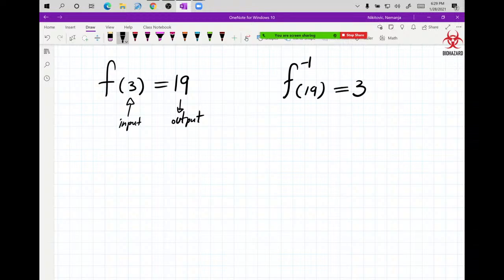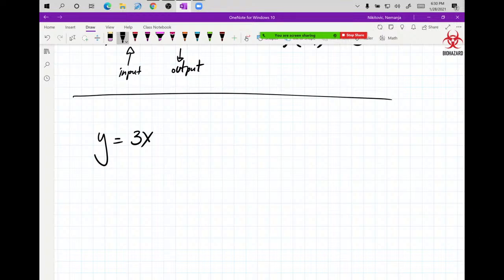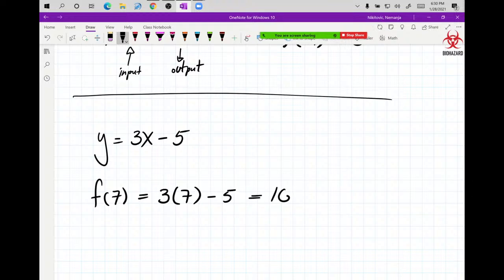So let's think about this. I'm going to put up y equals 3x minus 5, and I can call that f of x, right? And I'm going to ask you to compute f of, I don't know, 7. Doesn't matter. That's going to be 3 times 7 minus 5, and the answer is 16.